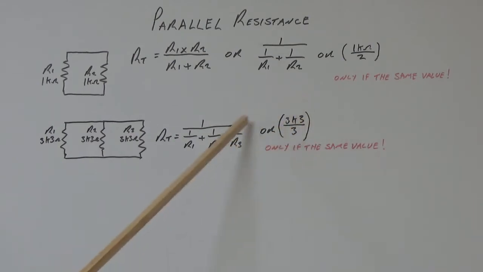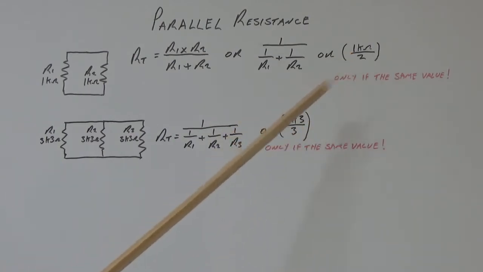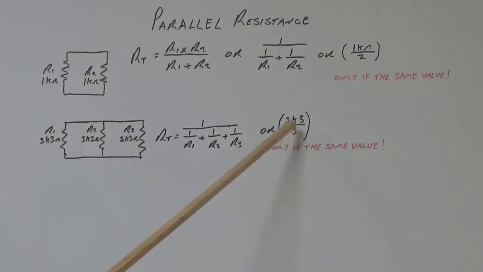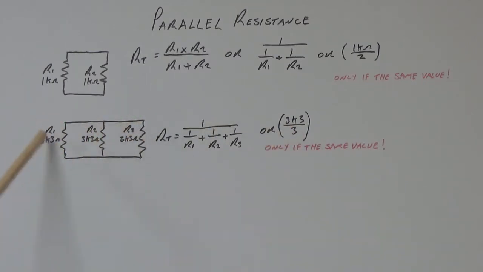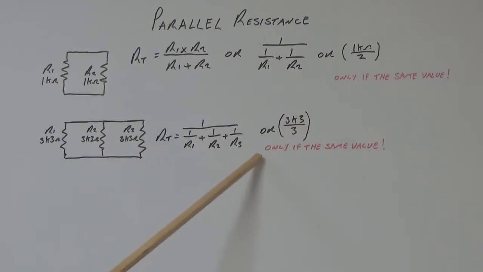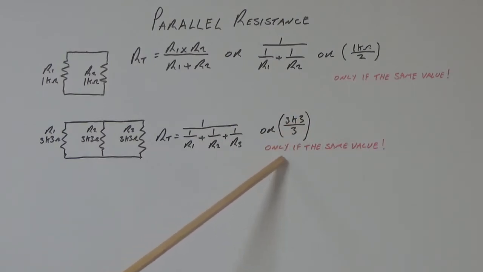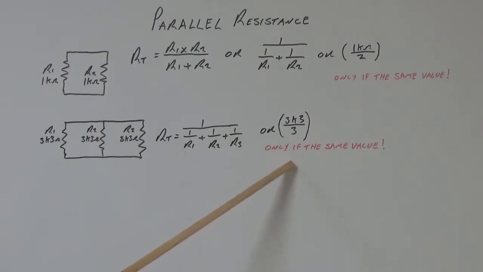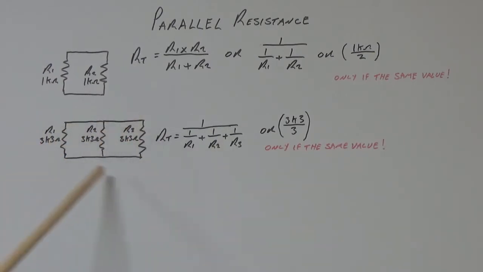Or if they're the same value, like the top circuit, you can take the value of one of the resistors, like in this case 3.3k ohms, and divide it by the number of resistors in the circuit. So in this case we've got 3 resistors in the circuit. They're all 3.3k, so we divide it by 3, and like I've outlined here again, that only works if they're the same value in that parallel combination.